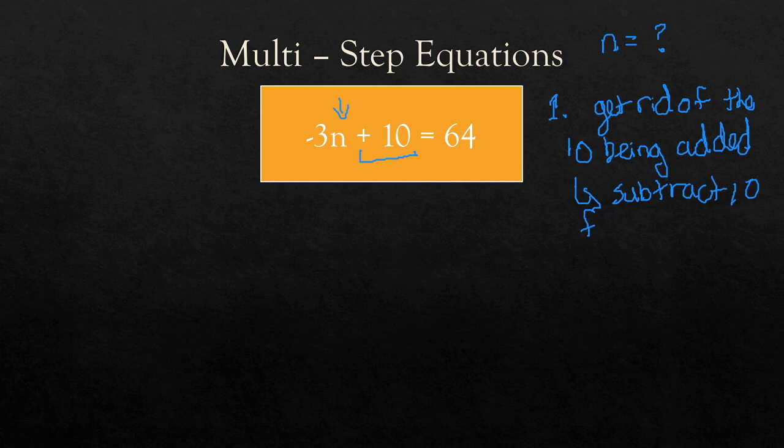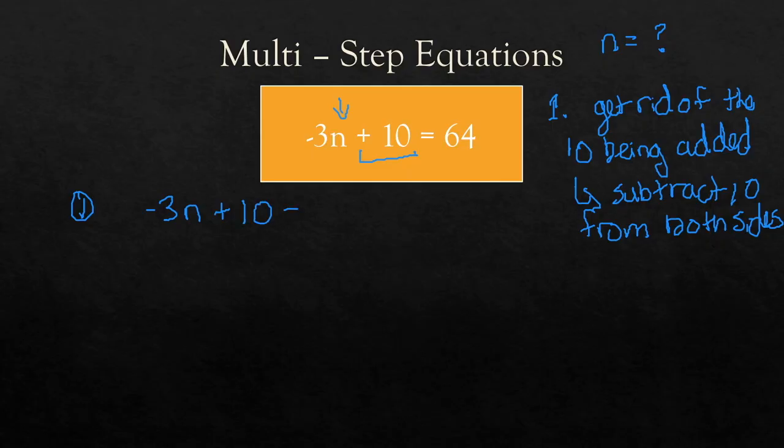Because whatever we do to one side, we have to do to the other. So we'll do the first step first. Again, you don't need to write out this step, but if you choose to, that's great. We're subtracting 10 from the left-hand side, and then we're subtracting 10 from the right-hand side. So this goes away, which is why we did it. We're left with negative 3n is equal to 64 take away 10 is 54.